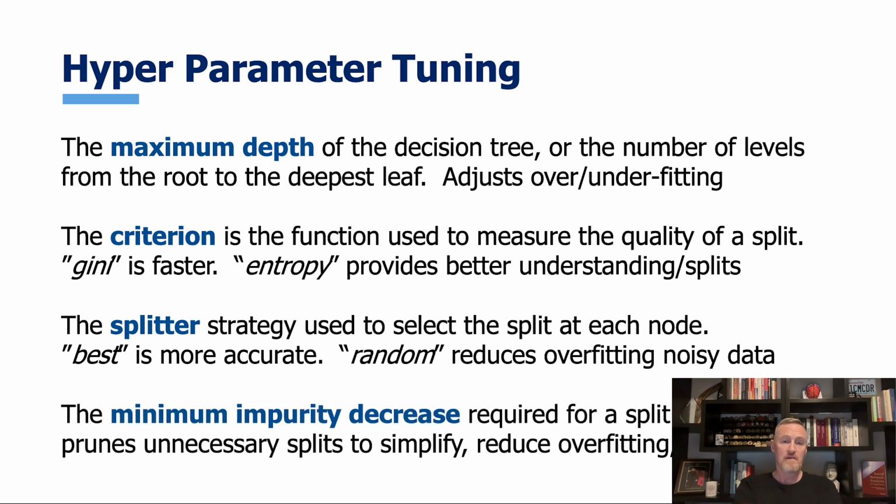Then minimum impurity decrease is required for a split to be performed. This is basically talking about pruning certain branches. Certain branches might improve the accuracy, but are they really worth the extra complexity, which might lead to overfitting?